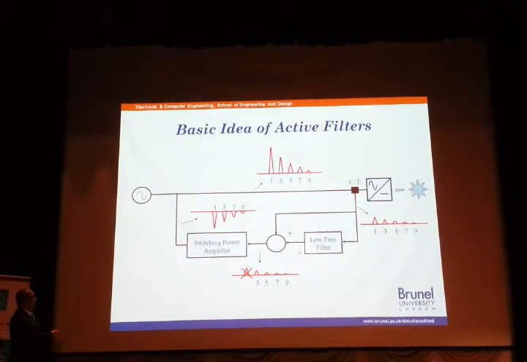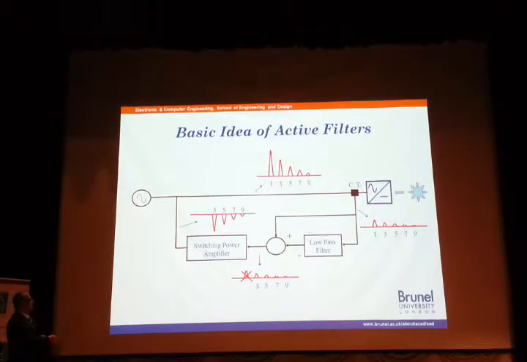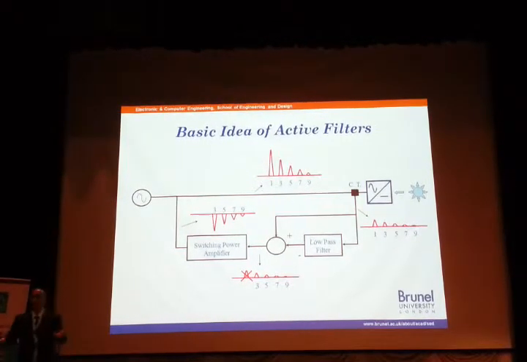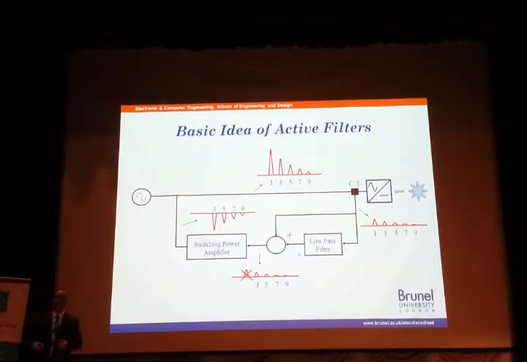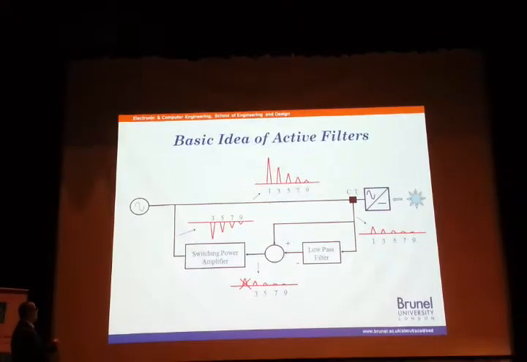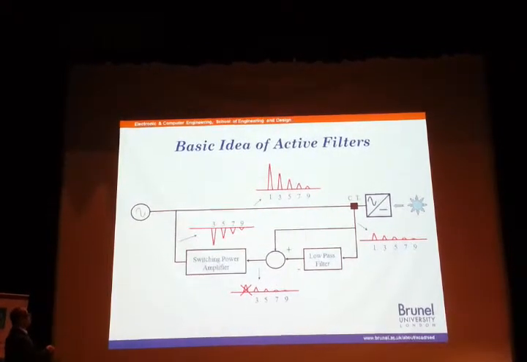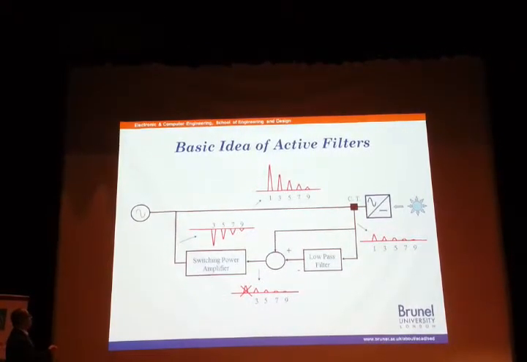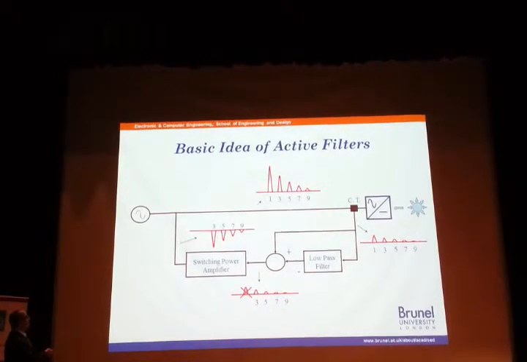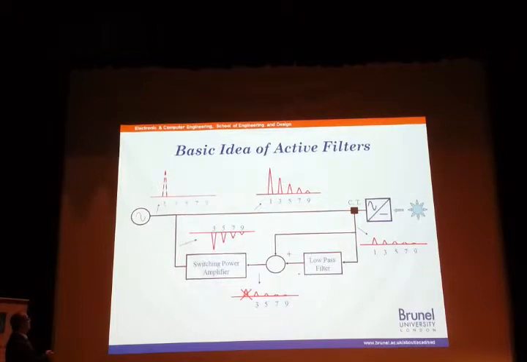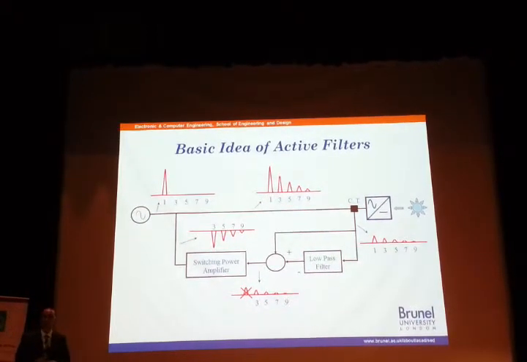Subtract them from each other. Then I have all the harmonics without the fundamental. And then I have the switching power amplifier, which is mainly an inverter, okay? And this is the active filter. And then I take this one, invert it, and inject it. So as a result, these harmonics will cancel this one, or this one will cancel this one, and then I will end up with the fundamental component.